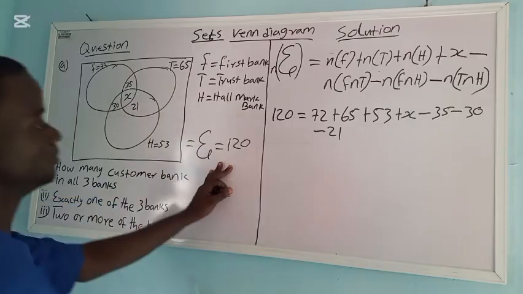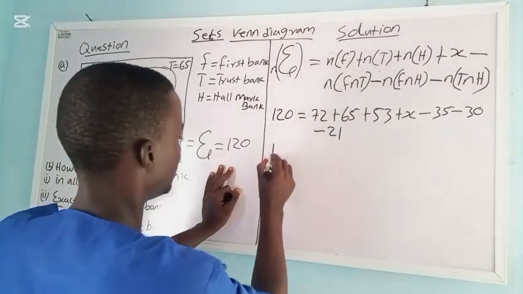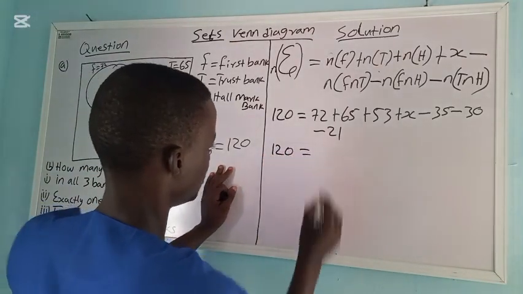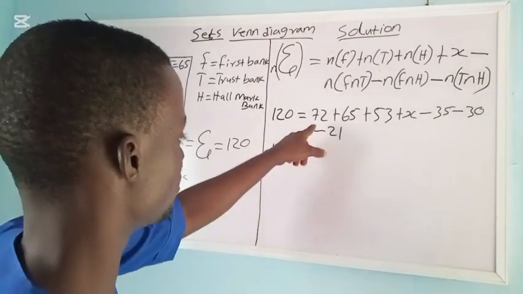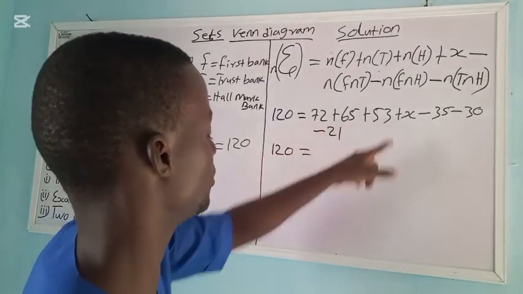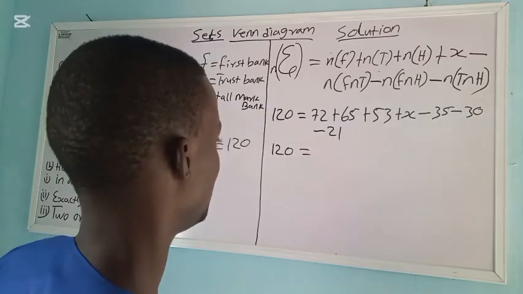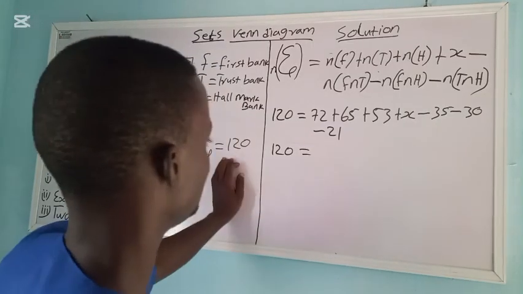See 21 here. So now I bring it down here. It is equal to, now I want to add this one and this one. So let's add it together and see.